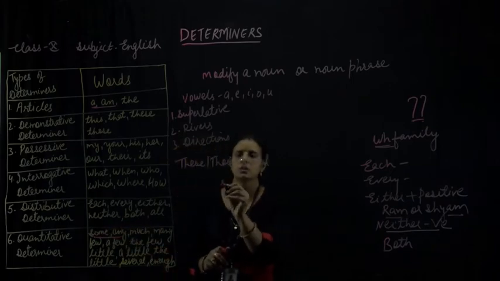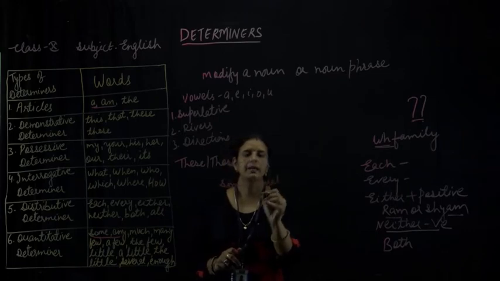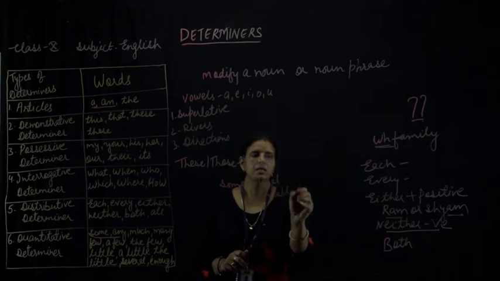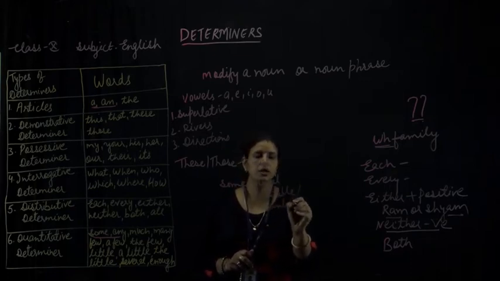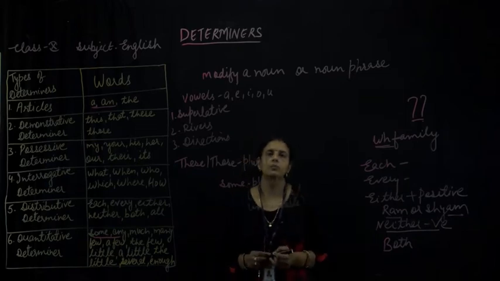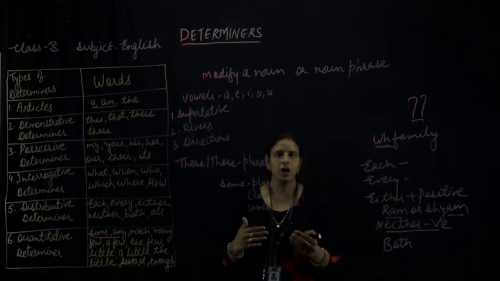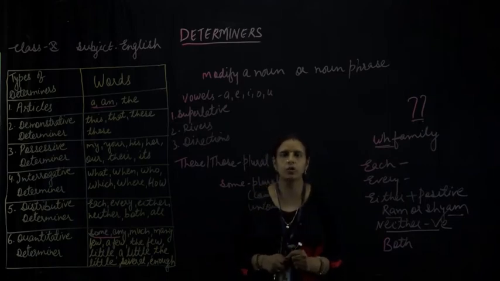Some is used when the noun is plural in form, and at the same time some is used with the countable as well as uncountable noun. Now how can you say that countable and uncountable? What do you mean by countable and uncountable? Countable means the noun which we can count, and uncountable means which we can measure only, which are there in the form of liquid.